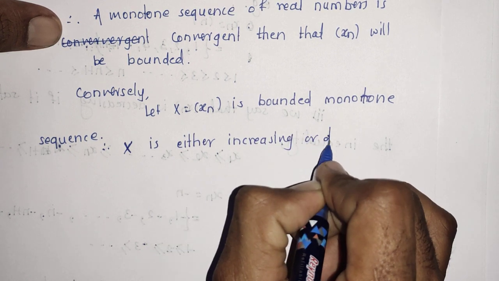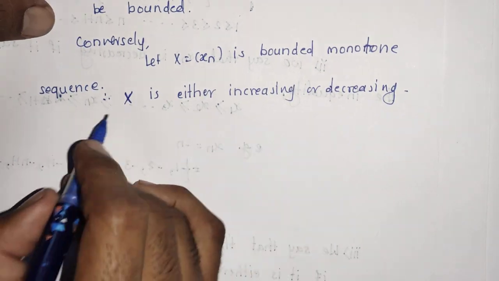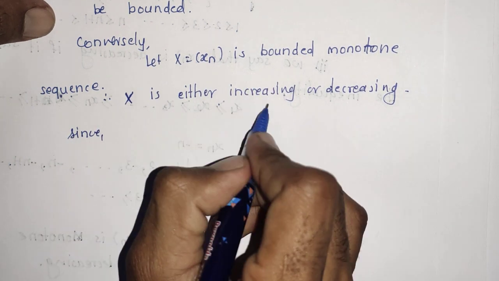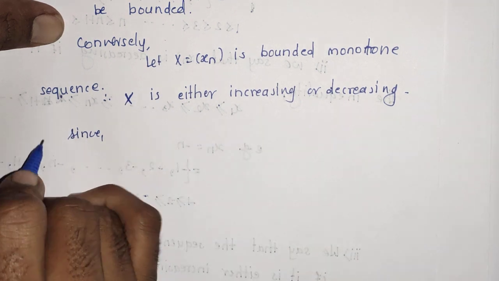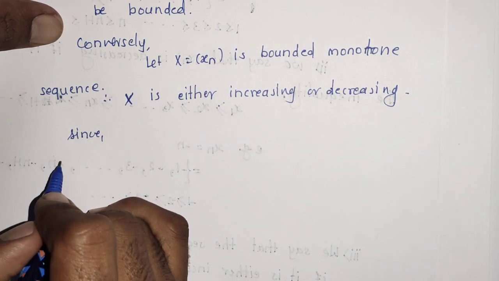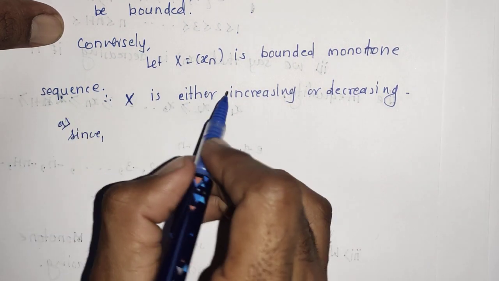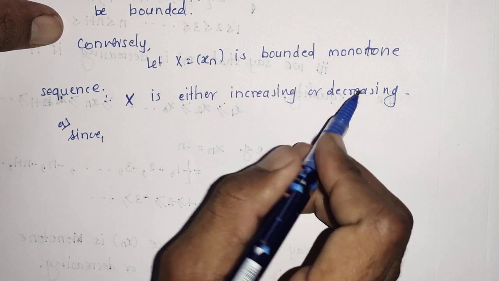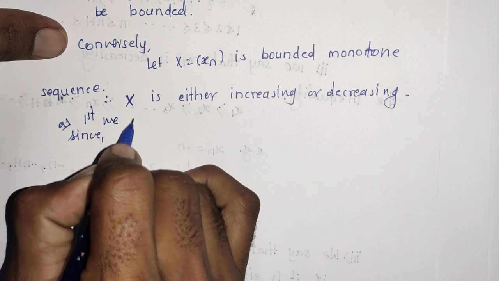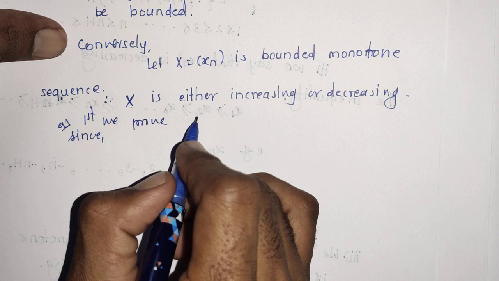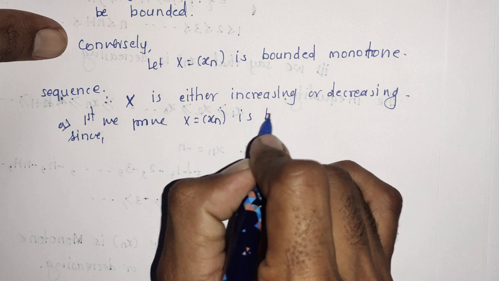If we take that sequence xn as an increasing sequence, then first of all we will prove the case which is x bounded and increasing.